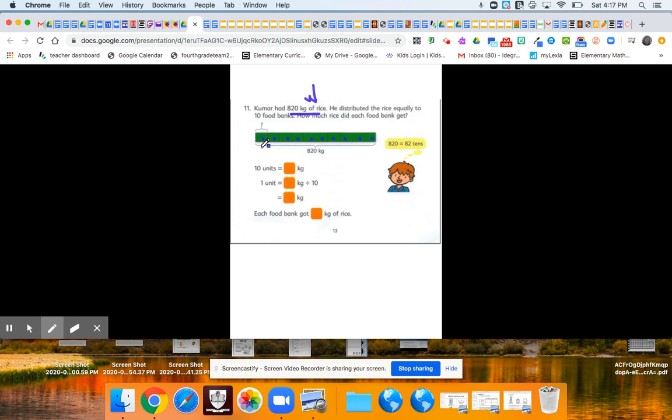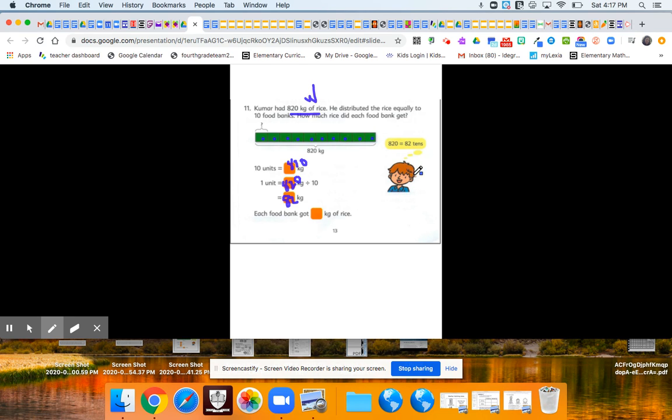So the 10 units we know is 820 kilograms of rice. To find 1 unit, we need a smaller number, so we need to divide 820 kilograms divided by the 10 food banks to get us our unit, our part, which is 82 kilograms.